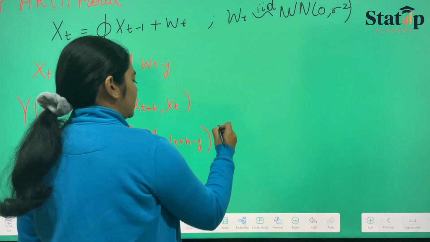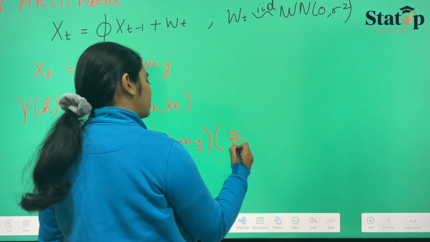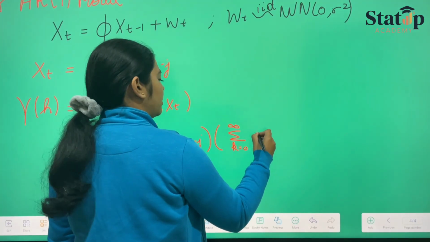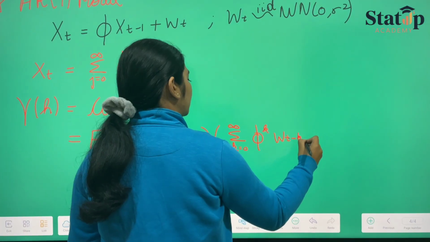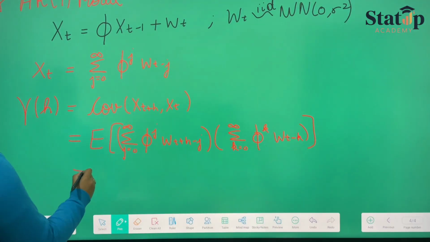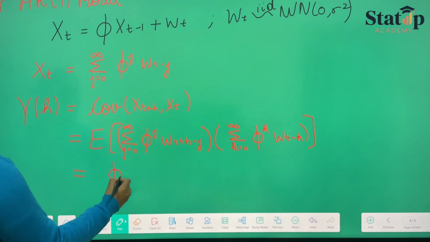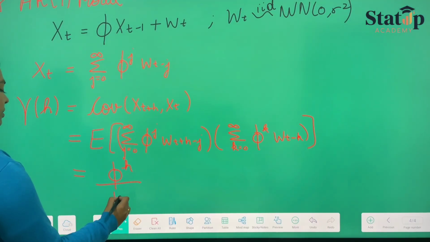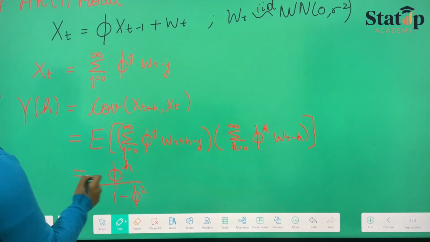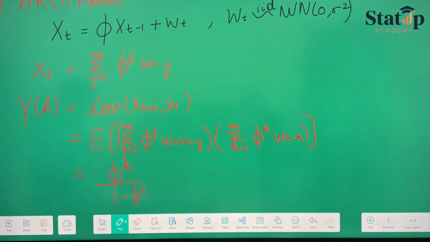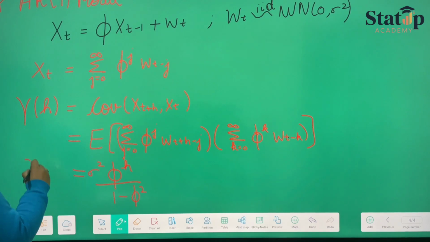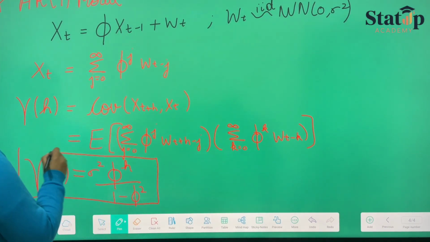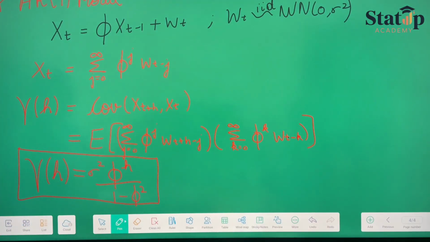This is the first bracket, and the second is the summation k goes from 0 to infinity phi^k w_(t-k). If we open this bracket, we will get our answer as phi^h upon 1 minus phi square into sigma square. This was our derivation for the autocovariance function of an autoregressive series of order 1.